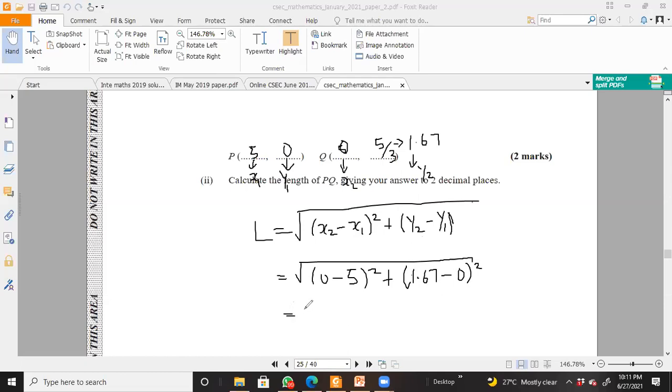So this gives me negative 5 squared, plus 1.67 squared.